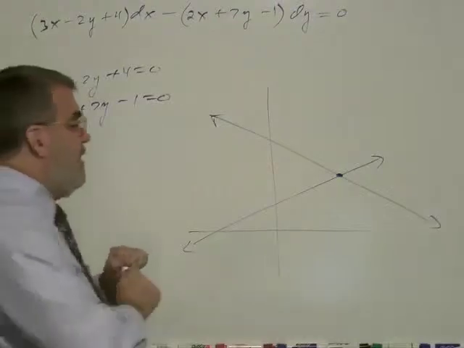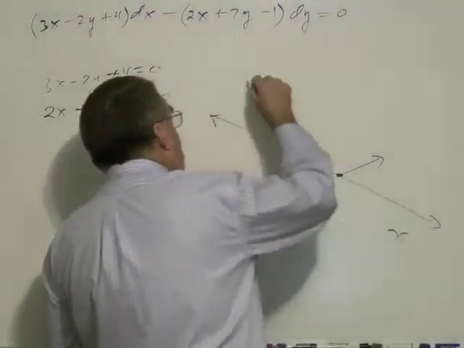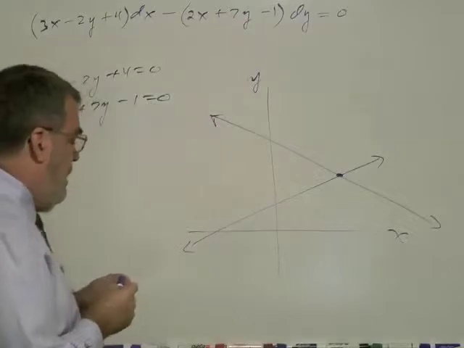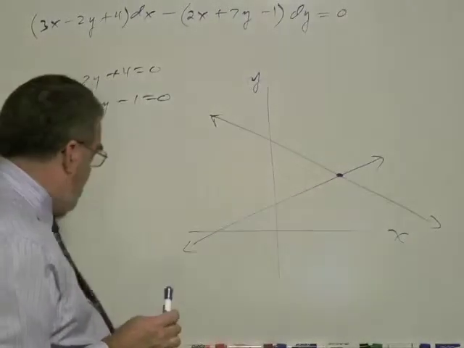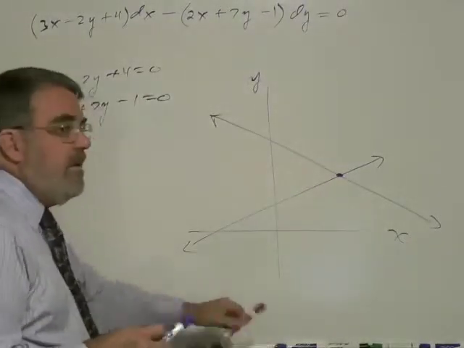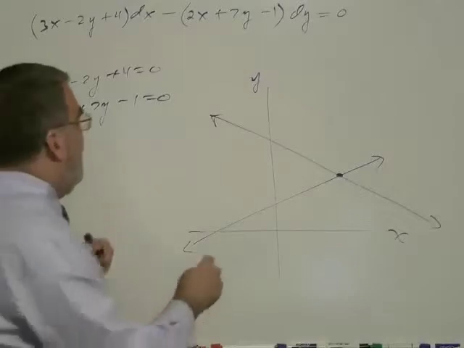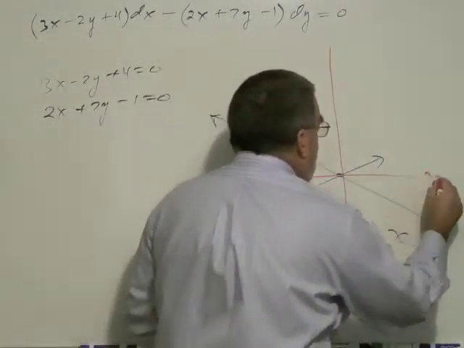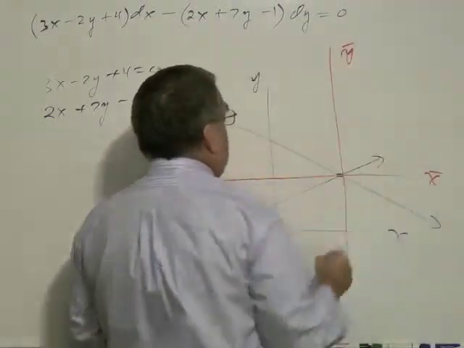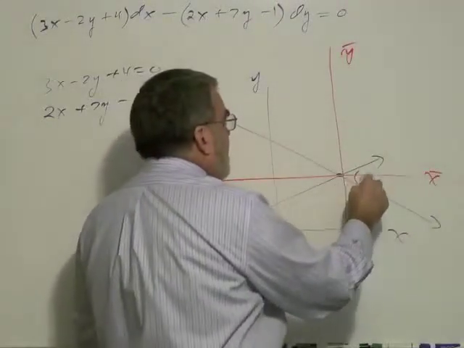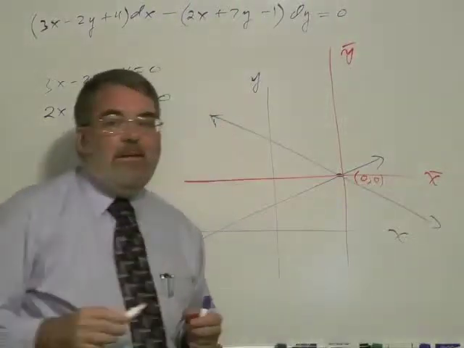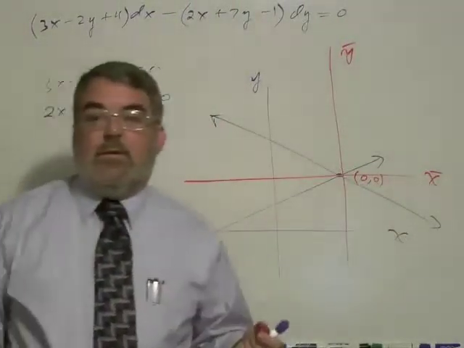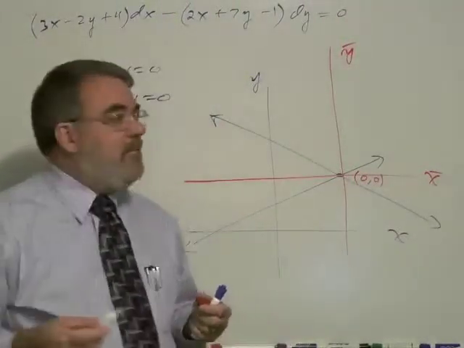So here's the secret. In the original xy system, when we figure out what this intersection point is, in effect, we're going to create a new coordinate system, x bar, y bar, so that in the new coordinate system, the intersection point is the origin, 0, 0.